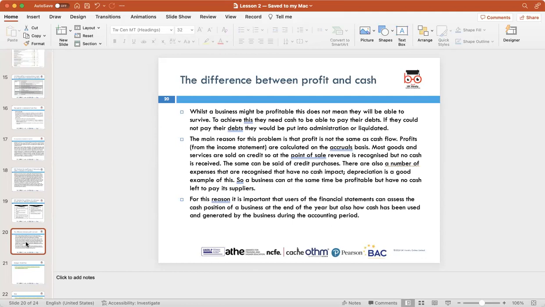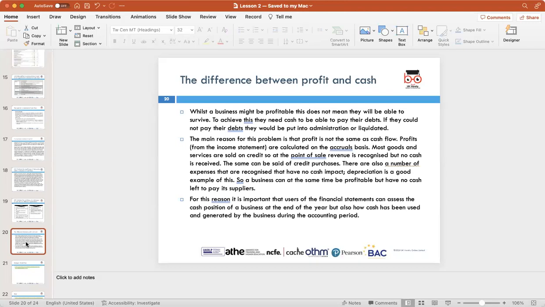To accomplish this, they need money to pay off their debts. They would be forced into administration or liquidation if they could not meet their financial obligations. So that's why he's trying to say that the fact that profit and cash flows are two different things is the primary cause of this issue.